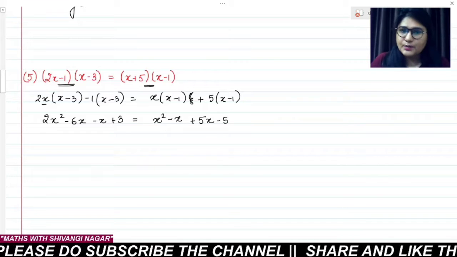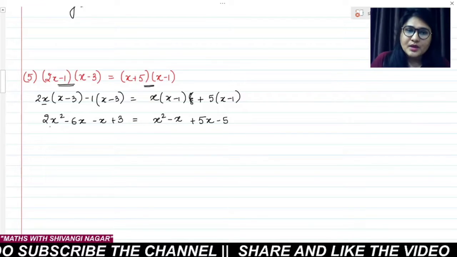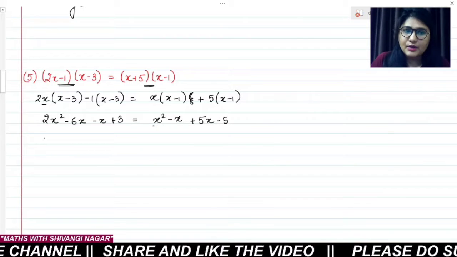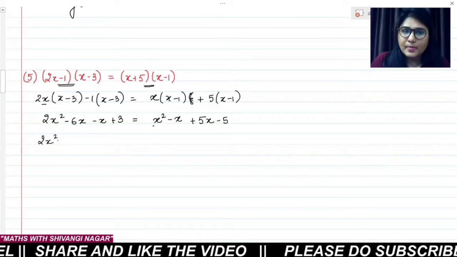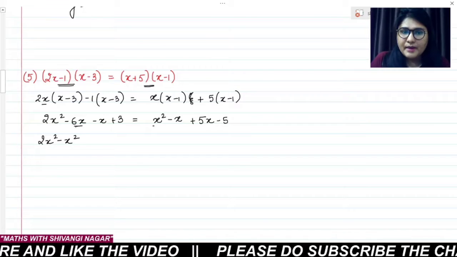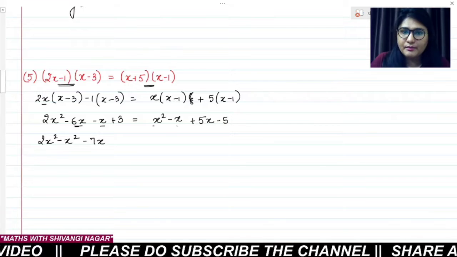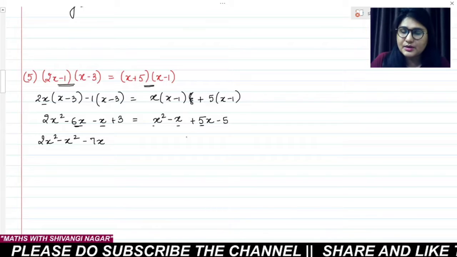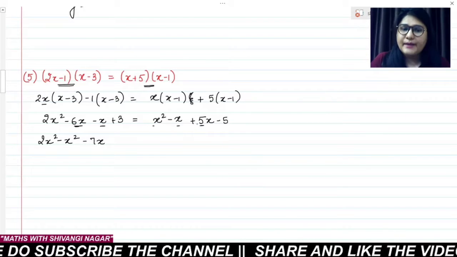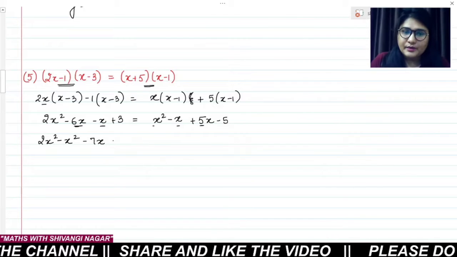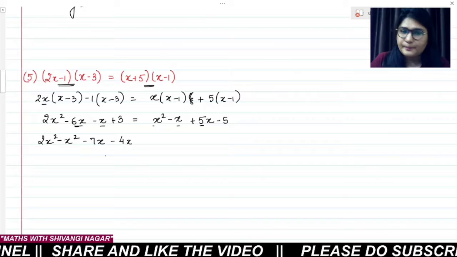Now transpose all the quantities. So 2x square, and when this x square gets transposed on the left hand side, what will you get? 2x square minus x square. Minus 6x and minus x makes what? Minus 7x, and here we have what? Minus x and plus 5x, so it makes plus 4x, and plus 4x when we transpose on the left hand side, what will we get? Minus 4x here. Clear?